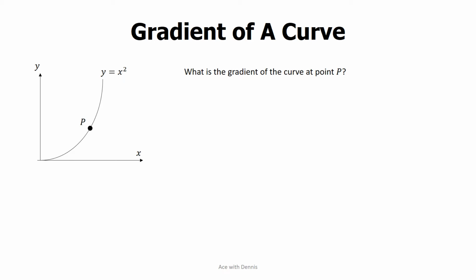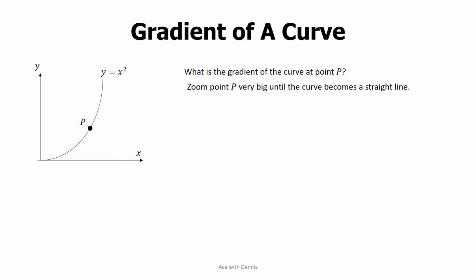But most of the methods didn't actually give a very accurate answer, until one day Newton introduced a concept to find the gradient of a curve in a very accurate and fast way. So here is what he recommended.